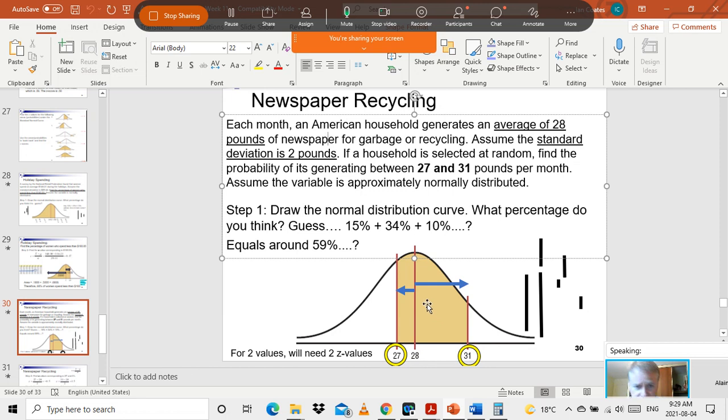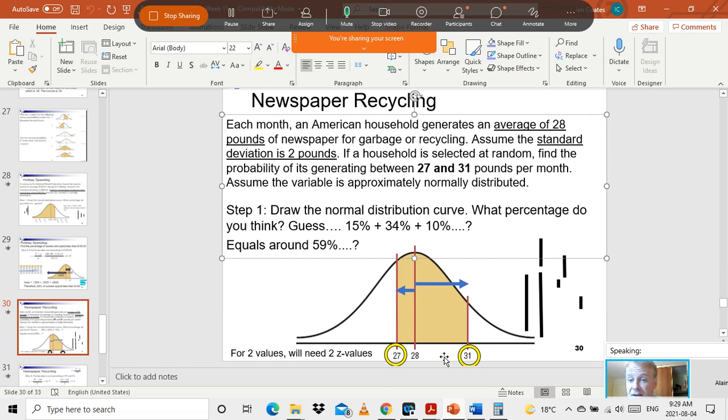So I gave you two values right here. You will need to calculate two Z values because that's how this thing is measured. I need to figure out what this one is, and then what this one is, and then I just need to add them together.